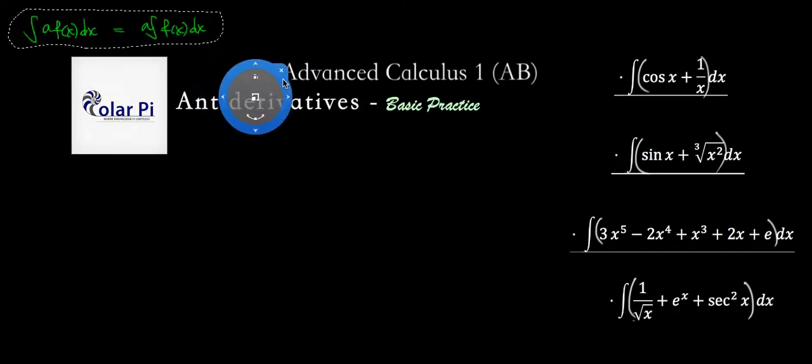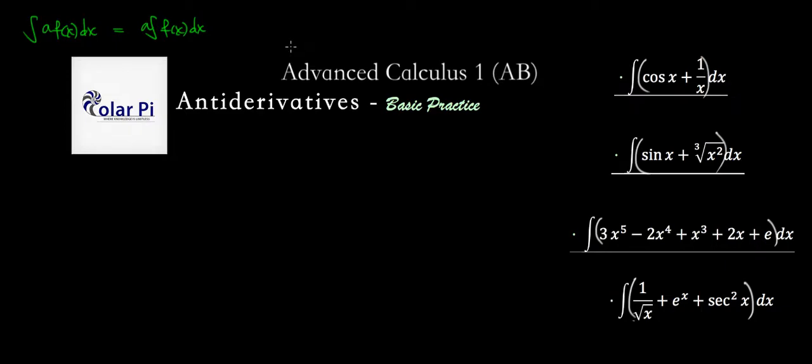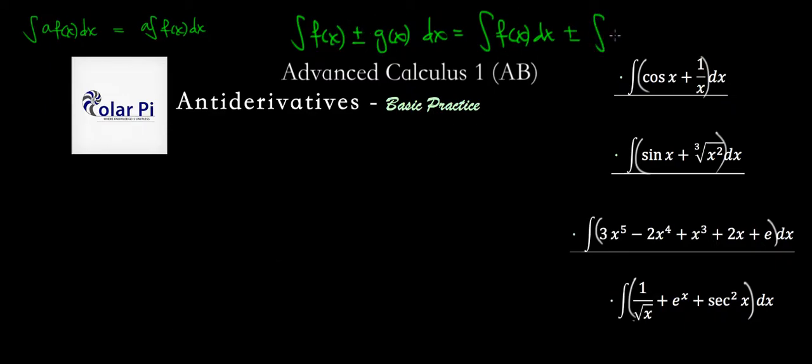Another one is the sum and difference rule, which is that if we have the antiderivative of f of x plus or minus, doesn't matter which of the two, g of x dx, then this is going to be equal to the antiderivative of f of x dx, plus or minus, correspondingly, the antiderivative of g of x dx.